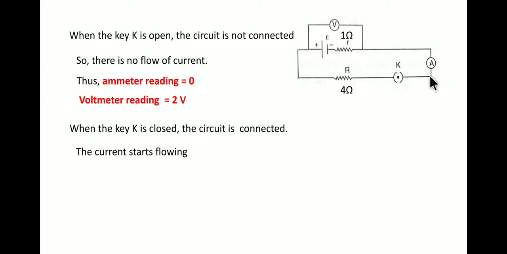In series we can directly add, as we have discussed in the earlier class. So the resistance of 4 ohm and 1 ohm will be added and the result will be 5 ohms.